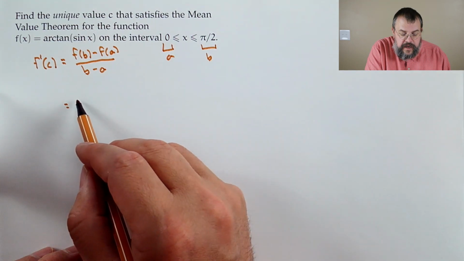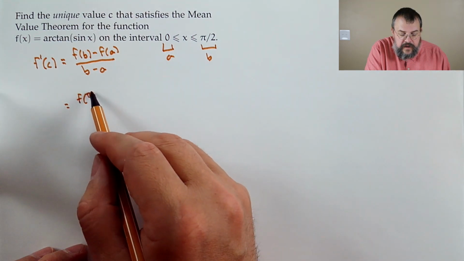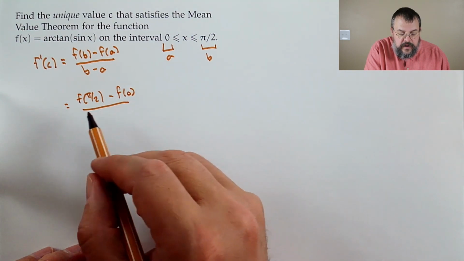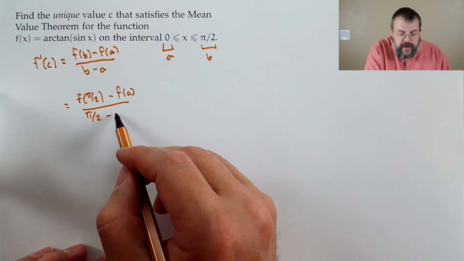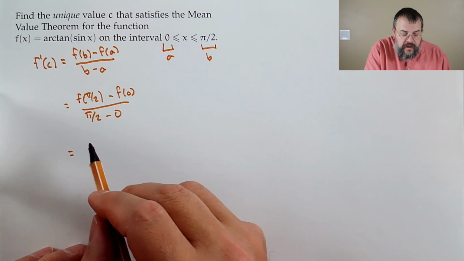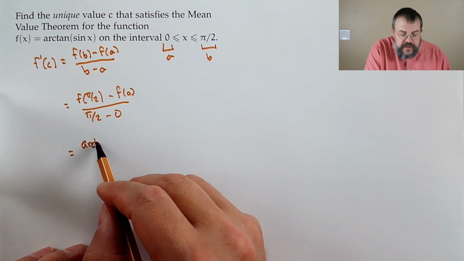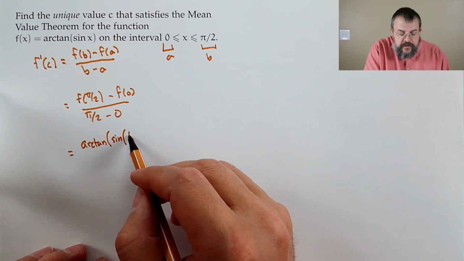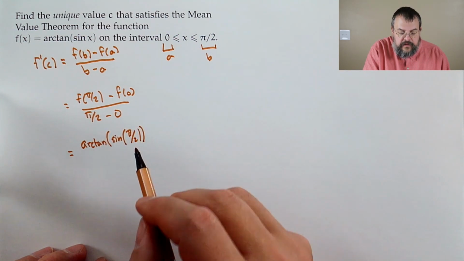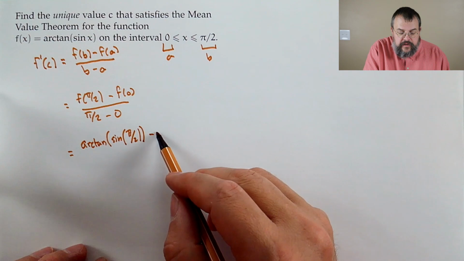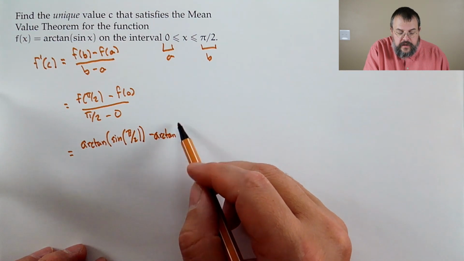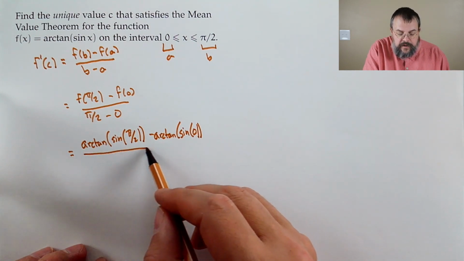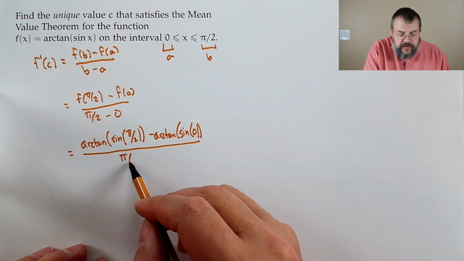So we get f of pi halves minus f of 0, all over pi halves minus 0. That would be arctangent of sine of pi halves, so I'm just plugging pi halves in, minus arctangent of sine of 0, divided by pi halves.